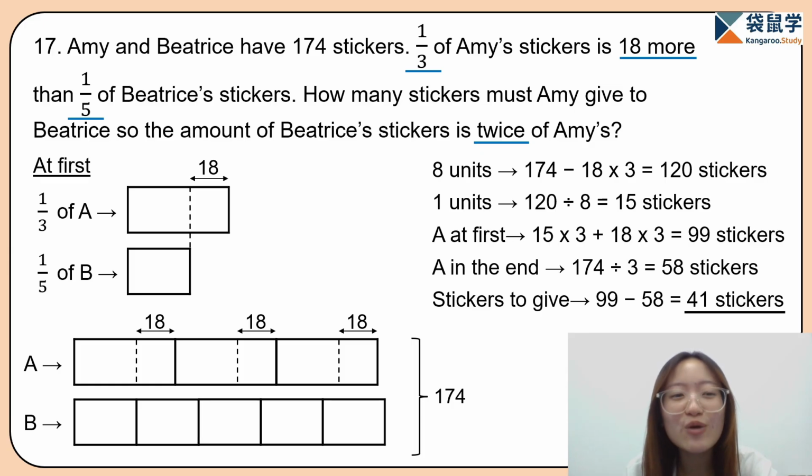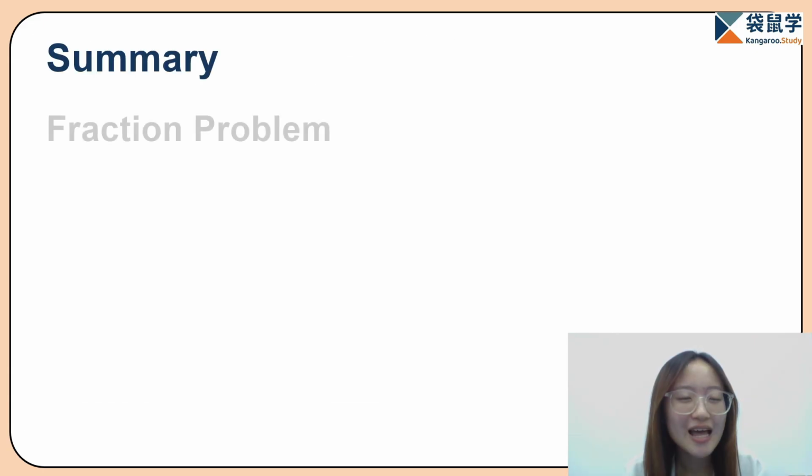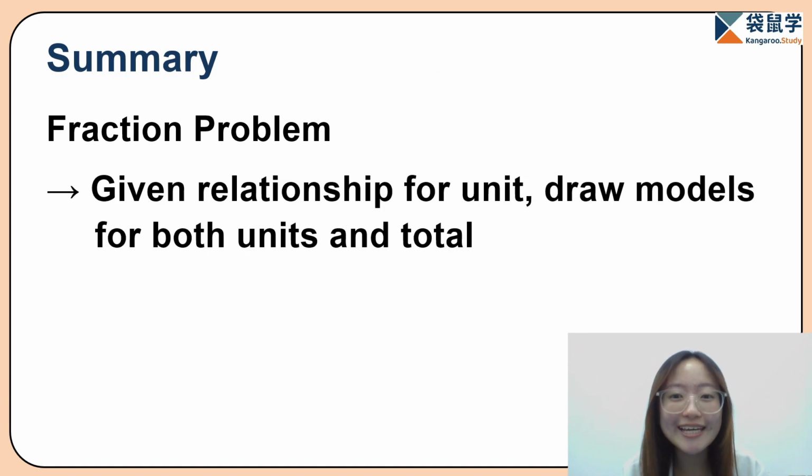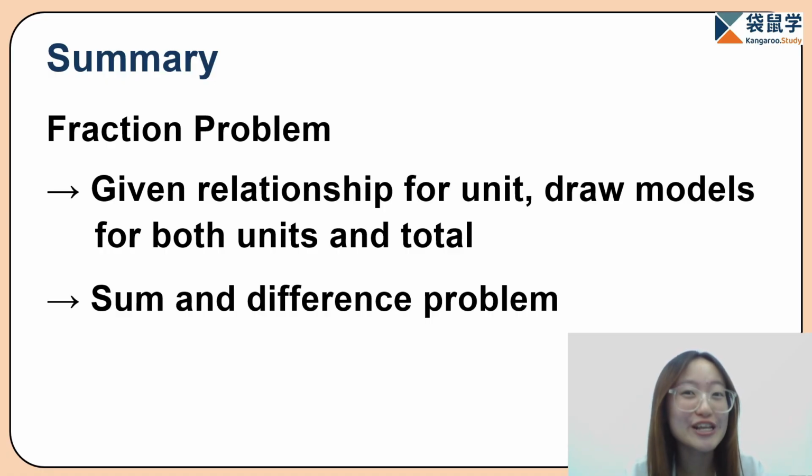And notice that we are given the sum and the difference. So this is actually a sum and difference problem. So let's take a look at the summary. Over here we have a fraction problem. And when we are given the relationship for units, we can draw models for both units and total. And remember, this was a sum and difference problem. And we have come to the end of this question.